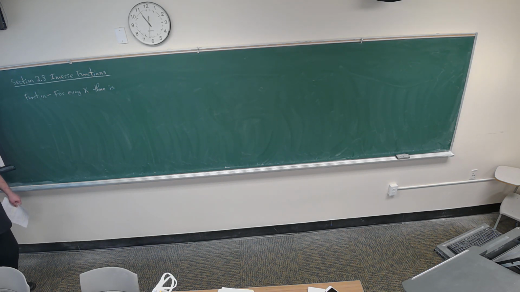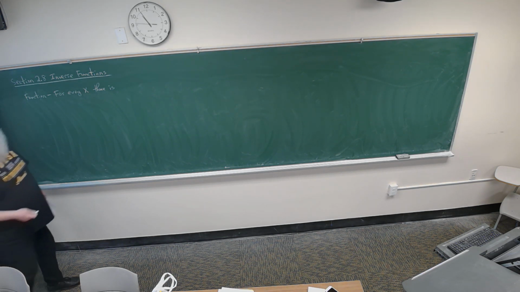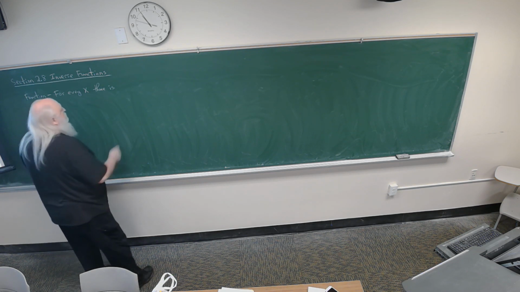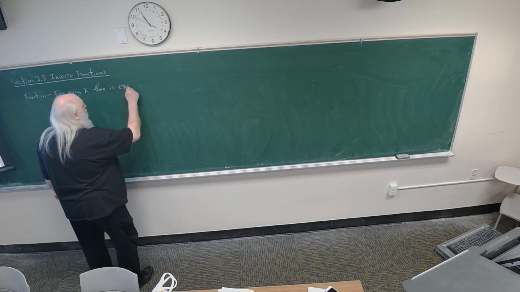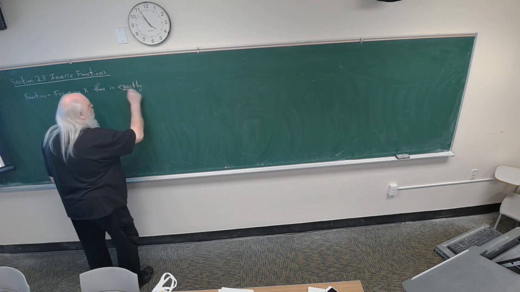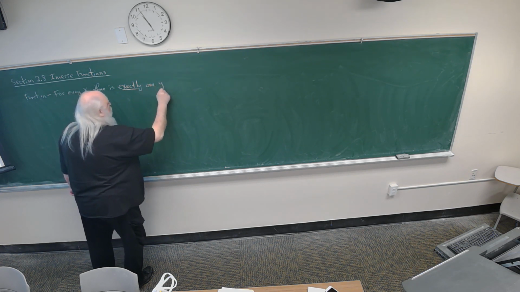So what? Don't be bashful. Do I look bashful? Don't you be bashful. Be like me. So who said that? What did you say? I said one y. Exactly one y, right? For every x, there is exactly one y.